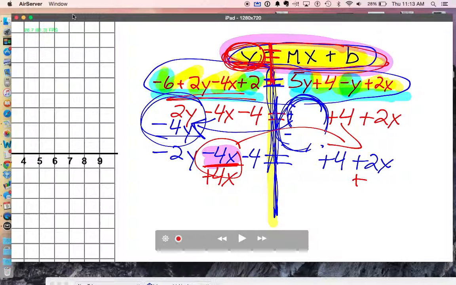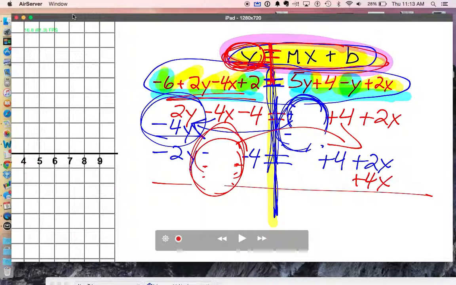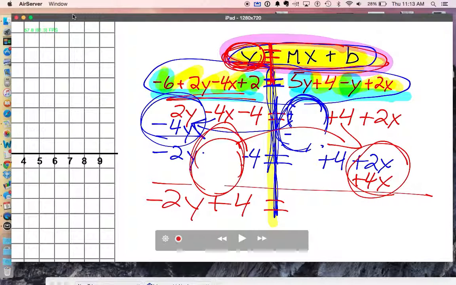If I add 4x to one side, I have to add 4x to the other side. -4x plus 4x is 0, so those two just cancel. So then on the left-hand side, I'm left with -2y plus 4 equals, and +2x plus 4x is +6x, and then I need to bring down my +4.